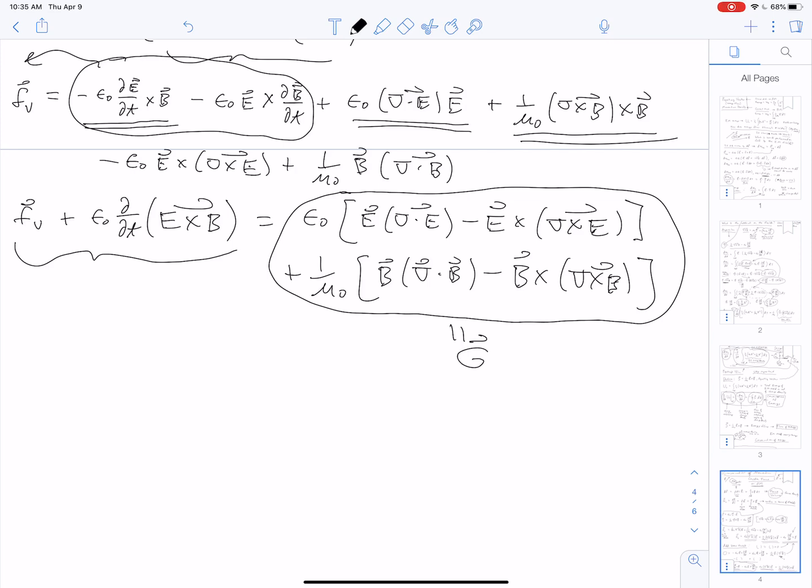And so now I'm going to skip some steps, because to do this correctly there's a lot more math, and I want to simplify it.